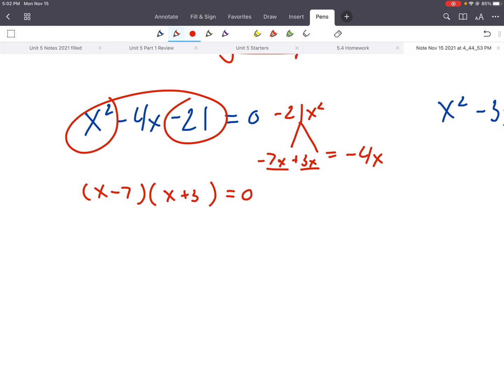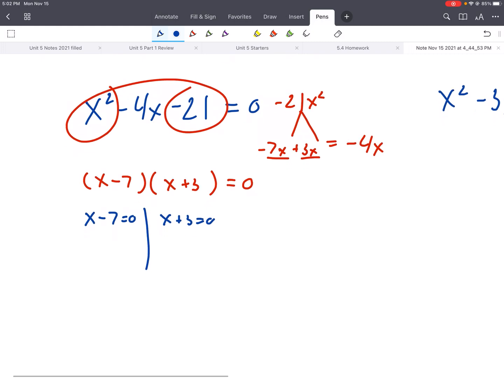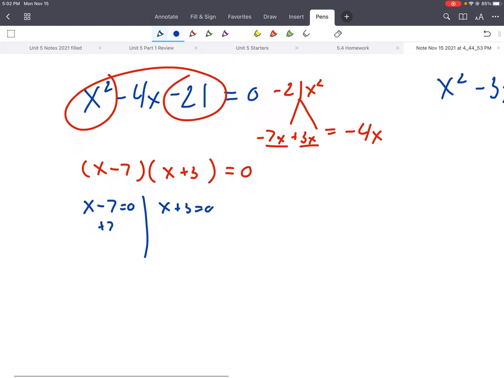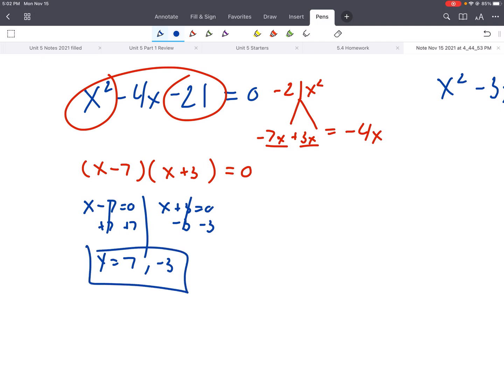And then to solve, again, we just want to say, well, either x minus 7 has got to be equal to 0 or x plus 3 has got to be equal to 0. So we could add 7 to both sides, get x equals 7, or we can subtract 3 from both sides and we get x equals negative 3. So that's not too bad, especially if a is 1, we can use the shortcut.